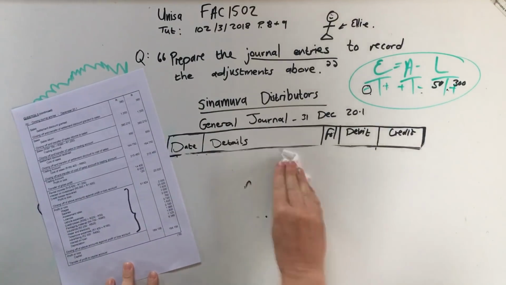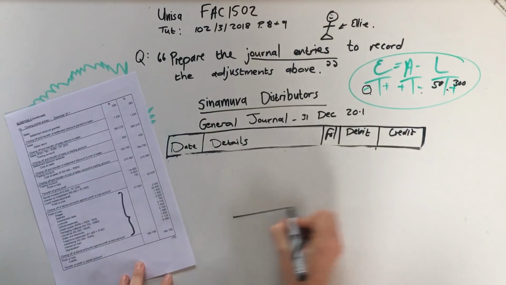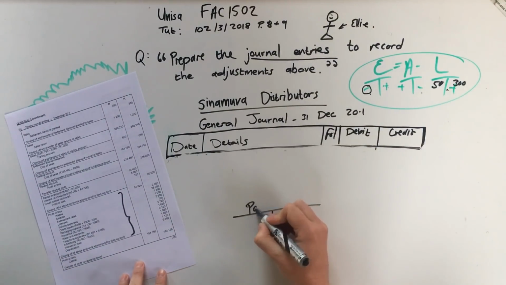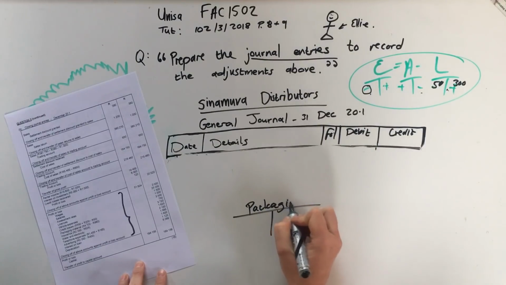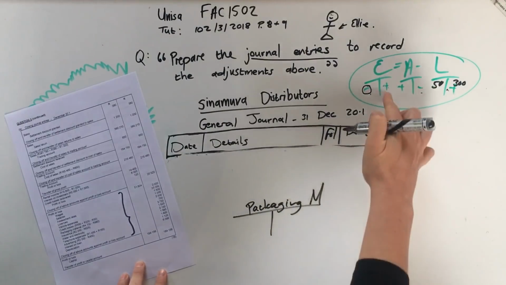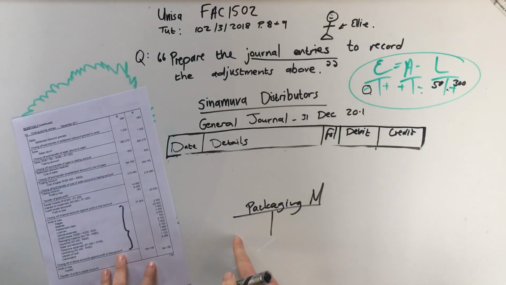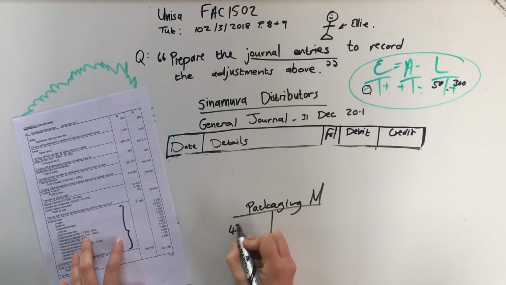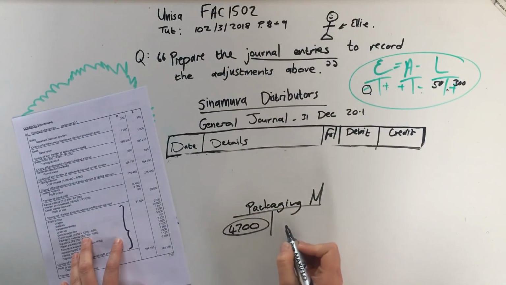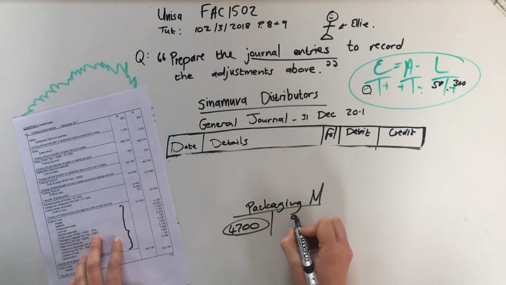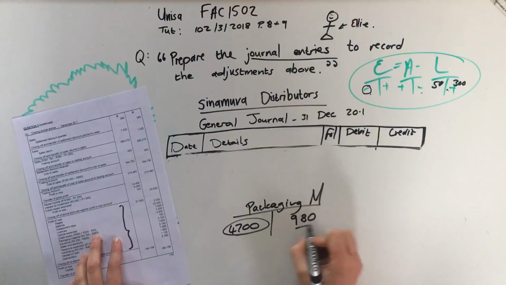So if we look at a general ledger account here of packaging material, it was an expense, so it's on this side. The packaging expense we had was 4,700. This amount comes off the trial balance. Then we moved some of it into inventory.